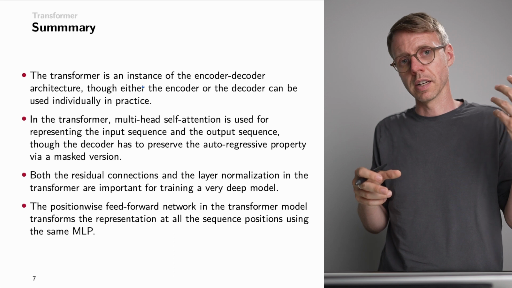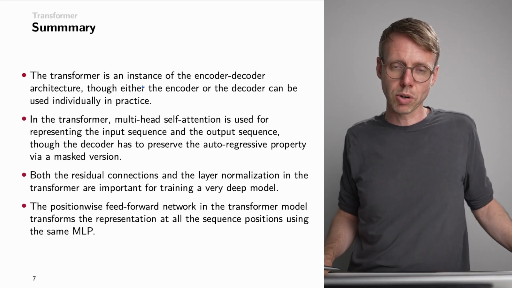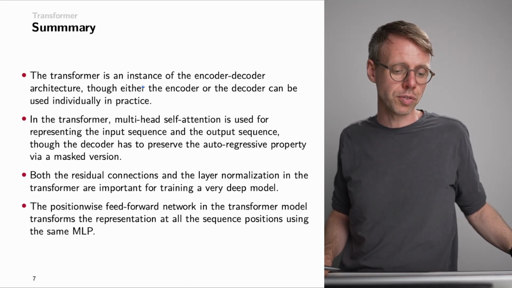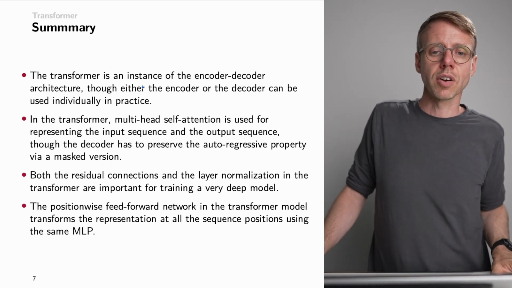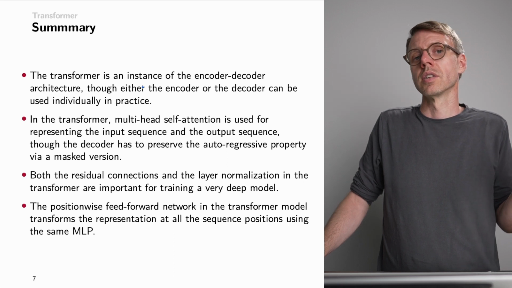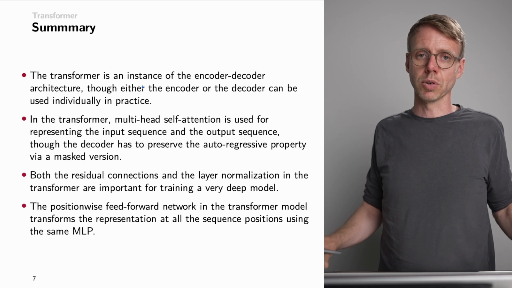These queries then query the embeddings generated by the encoder in order to create the outputs of the decoder. So the transformer is an instance of the encoder-decoder architecture, and you could, of course, use both the encoder or the decoder individually.